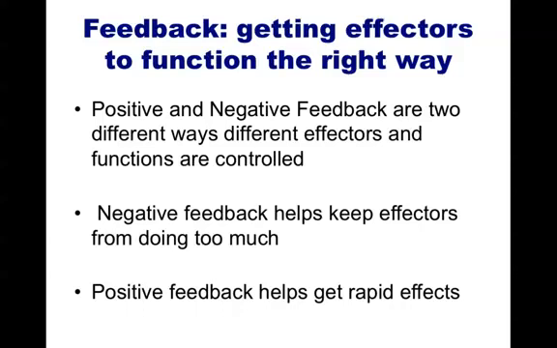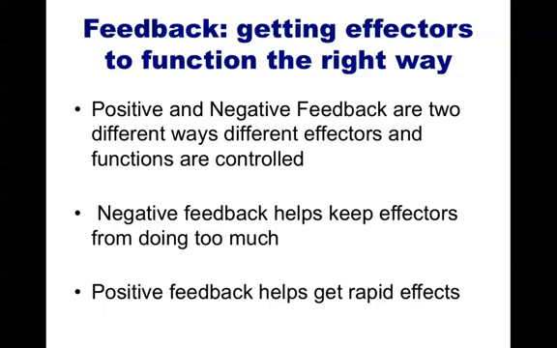I've just mentioned one type of feedback, negative feedback. This helps stop effectors from doing too much, from wasting energy or overshooting the mark. On the flip side, positive feedback can get effectors to generate very intense and rapid effects.